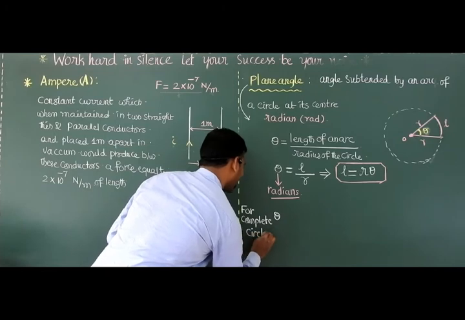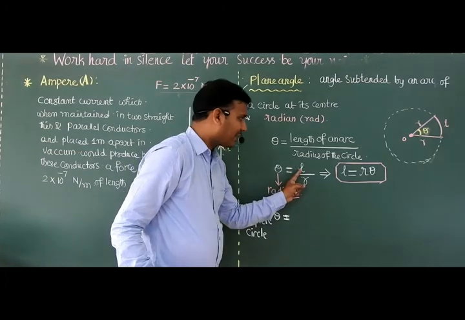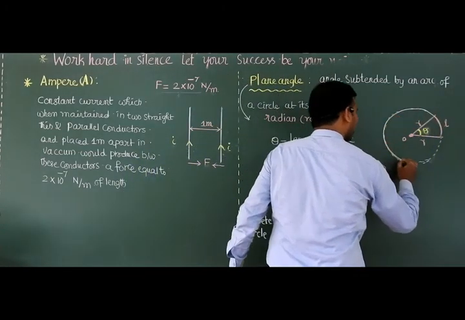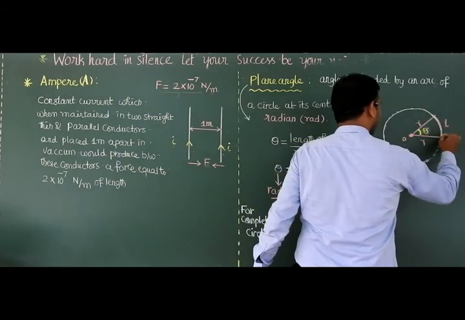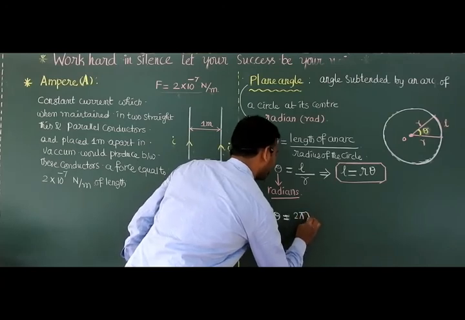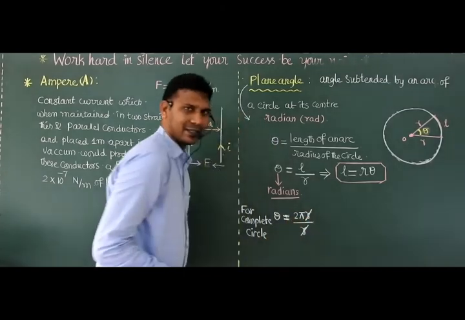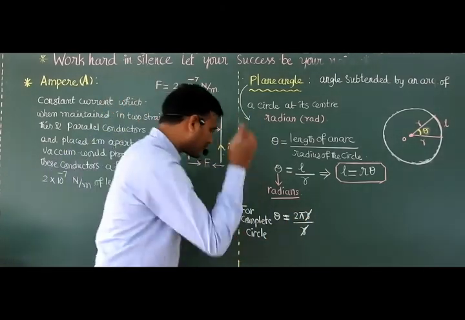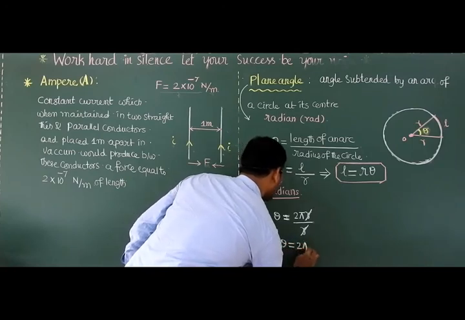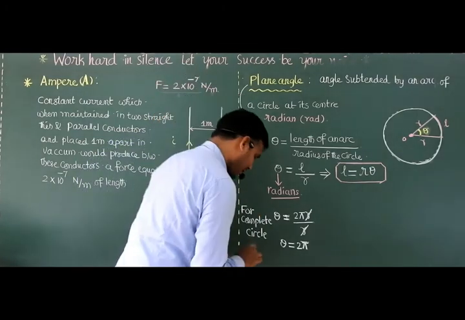How to find this theta? What is the formula? For a complete circle, what is the length? The length of the circle is nothing but the circumference, 2 pi r. So 2 pi r divided by r, r gets cancelled. So for a complete circle, this plane angle theta is 2 pi.